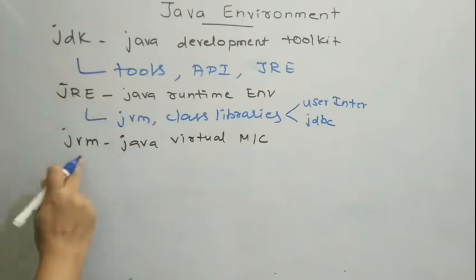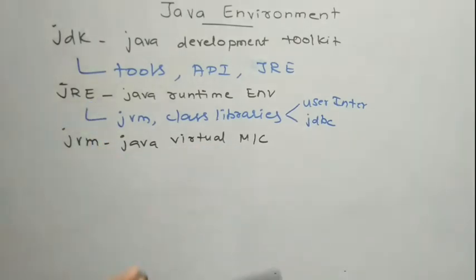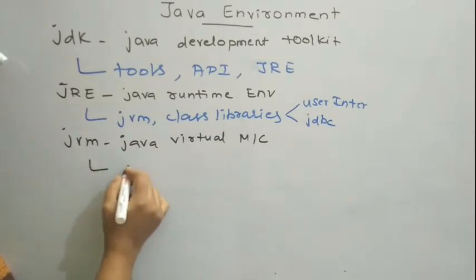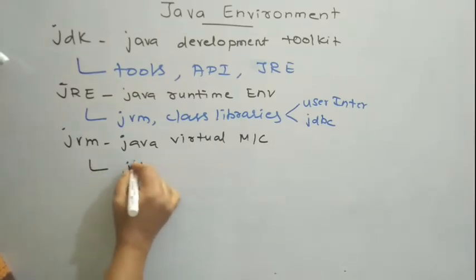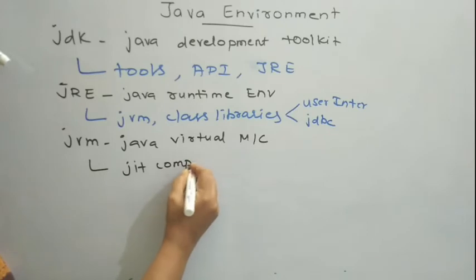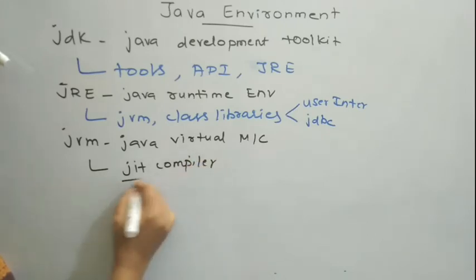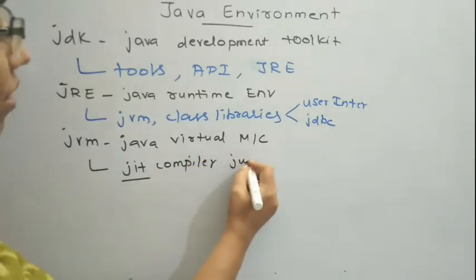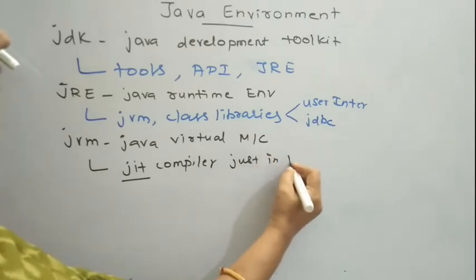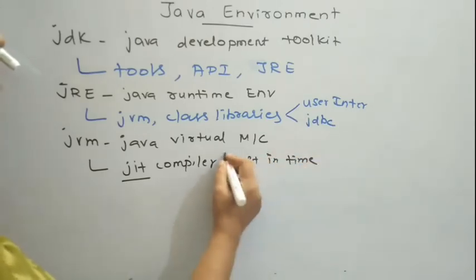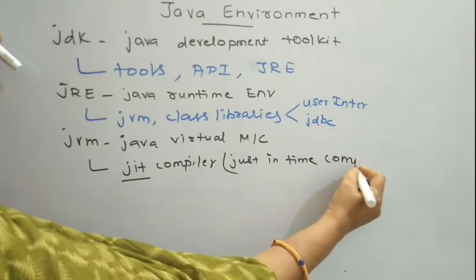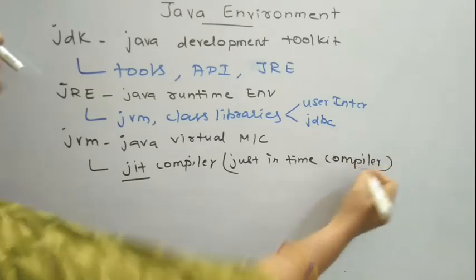And then JRE contains JVM. JVM is Java Virtual Machine. What does JVM contain? JVM contains the JIT compiler. JIT is just-in-time compiler.